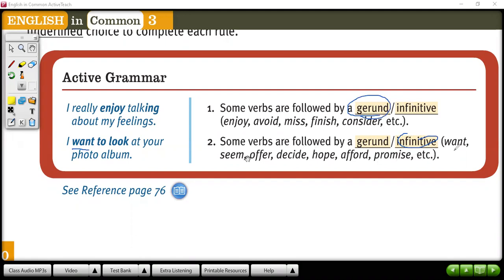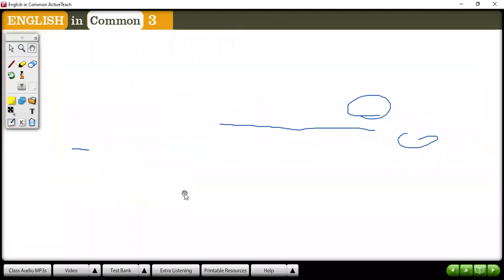The group of verbs that require infinitive are want, seem, offer, decide, hope, afford, promise. After these verbs, you need infinitive. After the other verbs, you need gerund. Okay? So all the time in your books, you're going to have this part that says reference. See reference page. Let's go to this, just in order to get familiar.